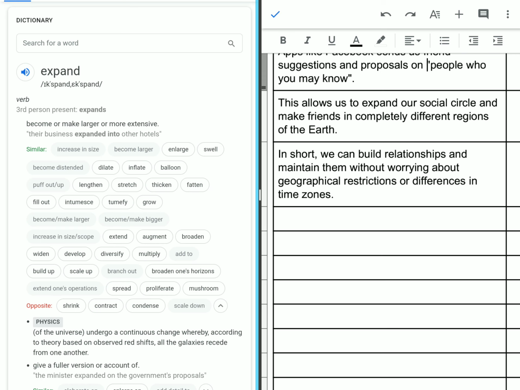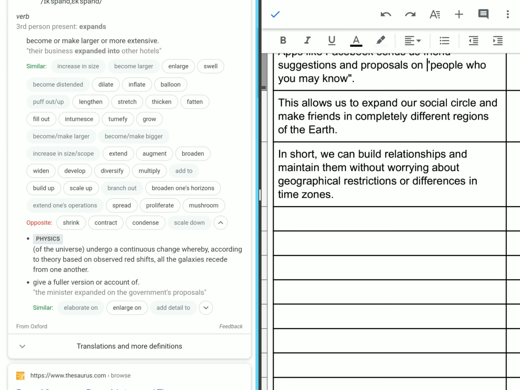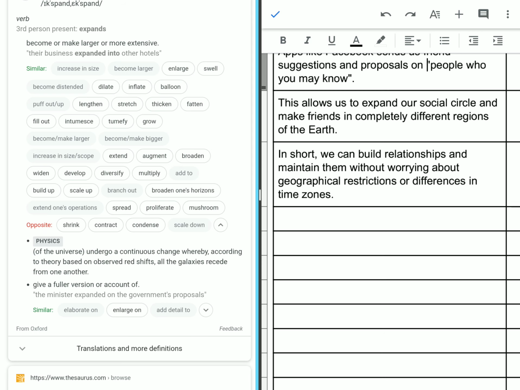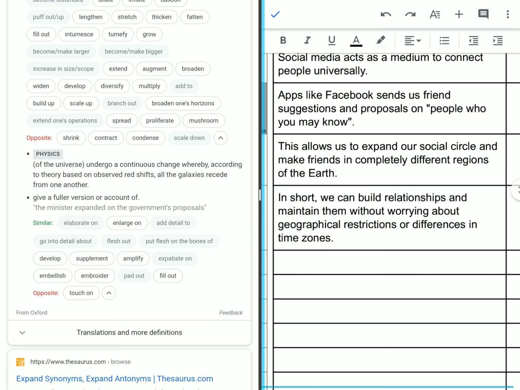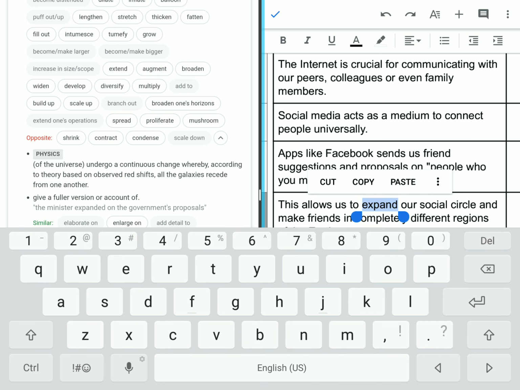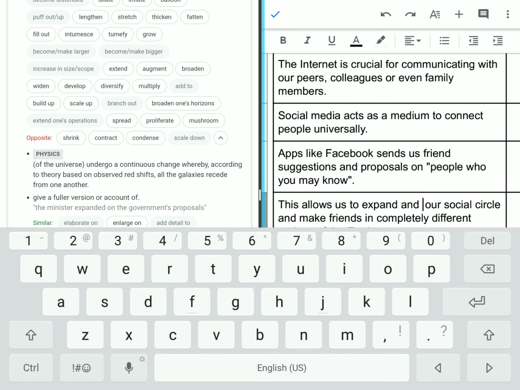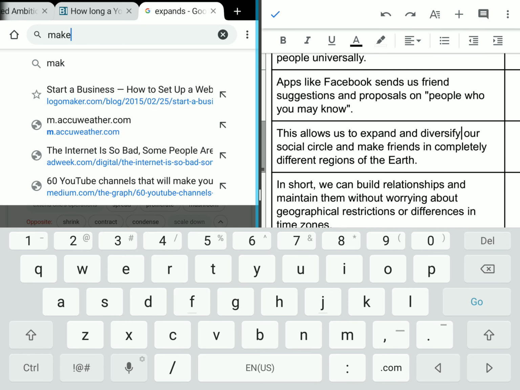It could be proliferating as a different kind of growth, but this is in number. It's not used that way, to me. Amplifies is a different word. So I would use diversify. To diversify, expand, or you can actually add the word and, diversify. So that just adds to your paragraph. And make friends, we can change that.